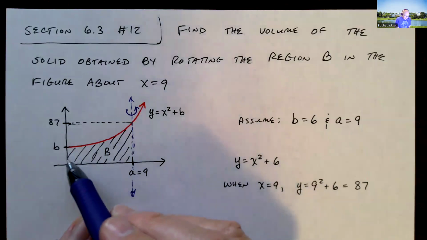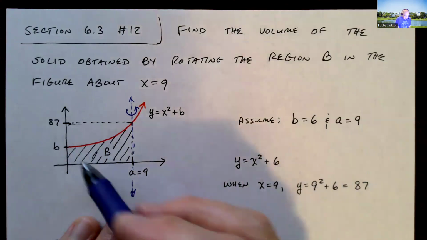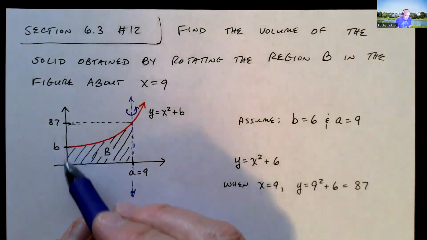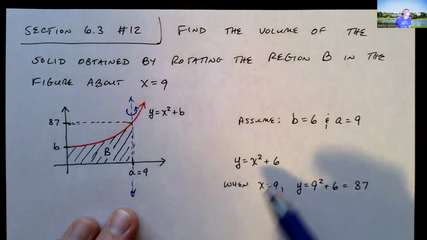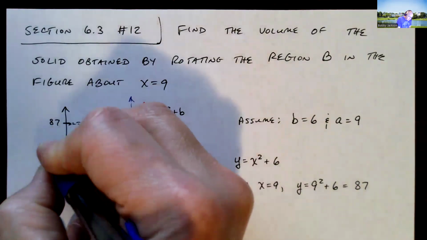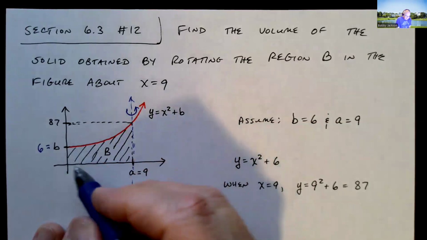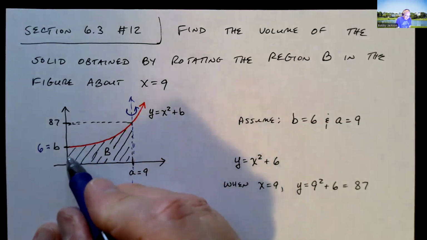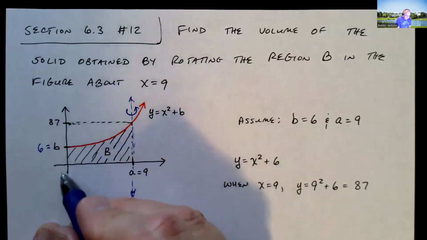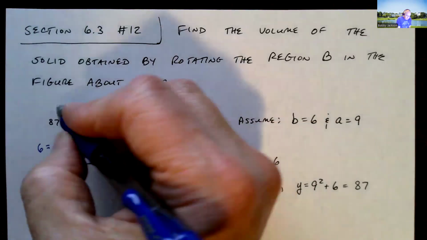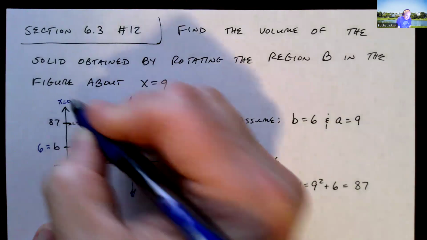That's because for values of y between 0 and 6, remember b is equal to 6 here, the left endpoint is always the y-axis, which corresponds to x equals 0.